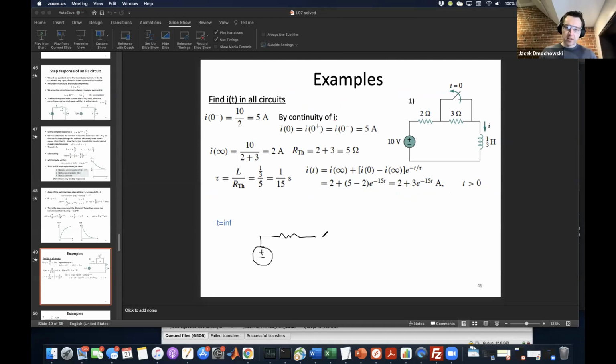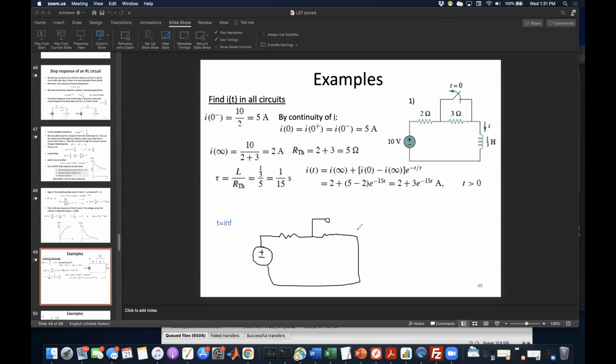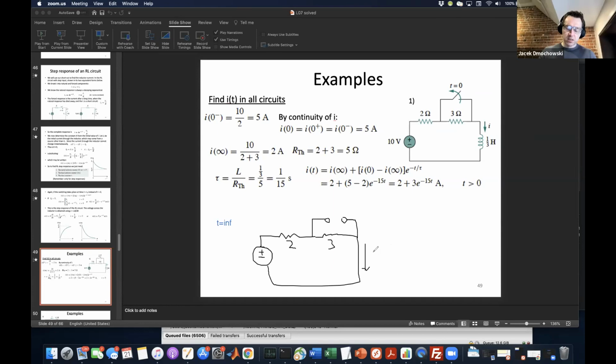So the circuit looks like this. This is the 2, and this is the 3, and I is defined here, right? Because the switch stays in the open position.